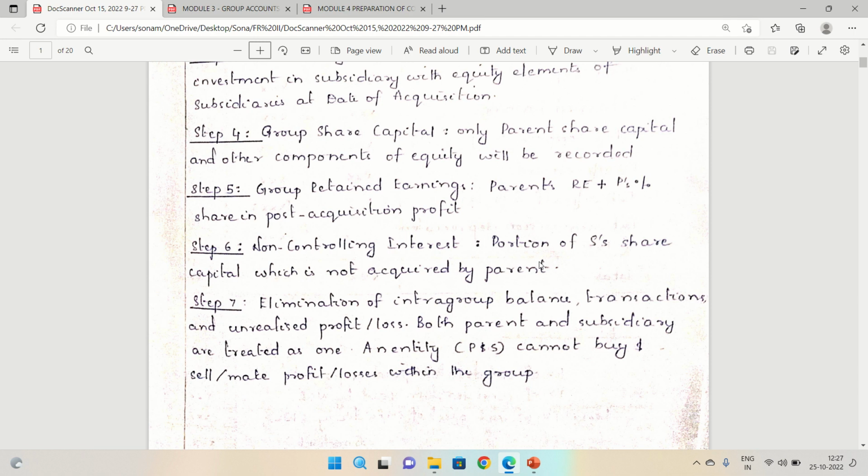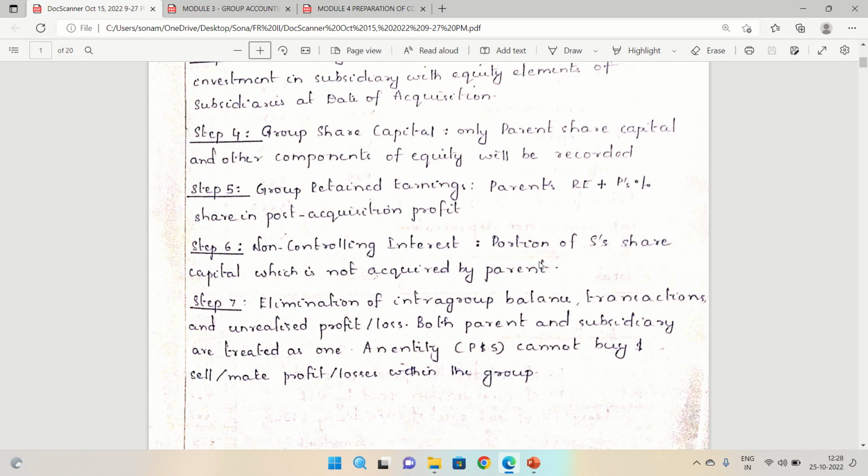And step 6 is non-controlling interest. Okay, so non-controlling interest means the portion of the subsidiary's share which is not acquired by the parent. So in the previous example I told you, the parent company, that is P, owns and controls 80% of the subsidiary company. So 80% is owned by the parent company and the remaining 20% is considered to be non-controlling interest or NCI.